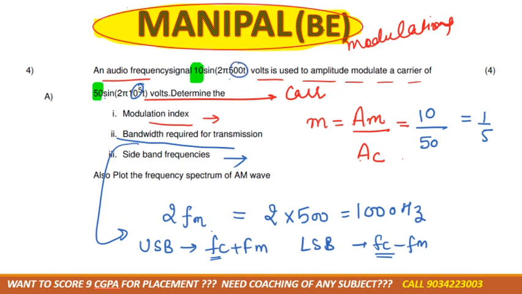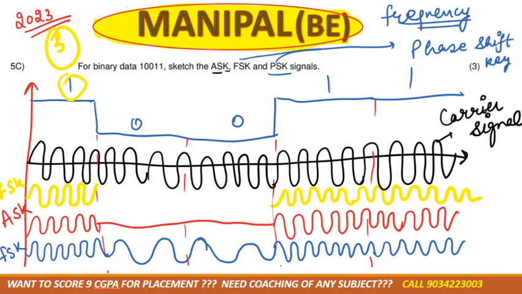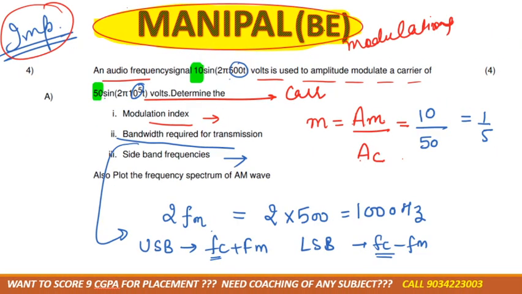Put down the values, then you will get the answer. It's a very important question. All these questions are from the last chapter, from the previous year papers, and these are very important questions. Remember it, correct? Note it down.